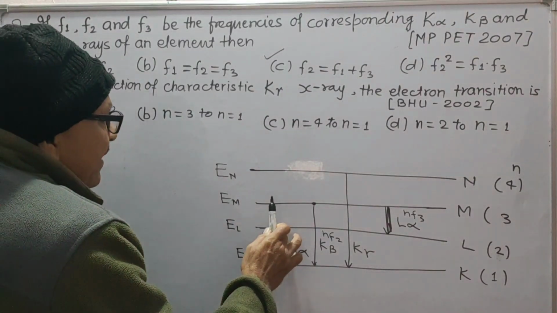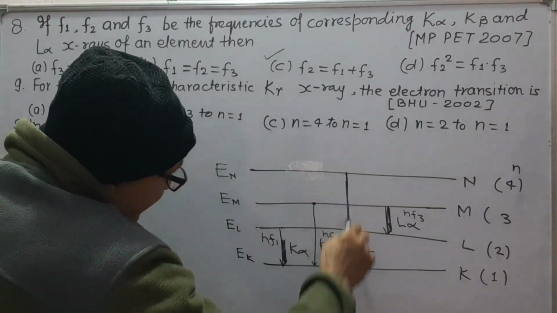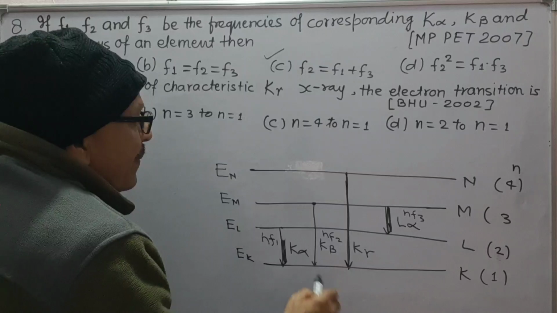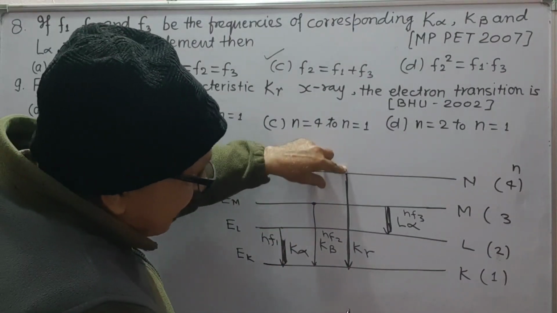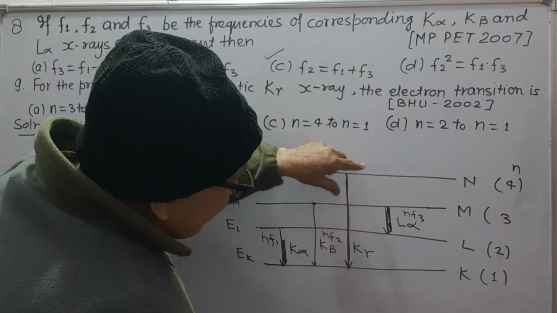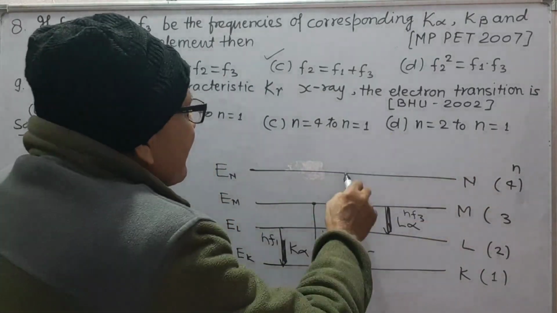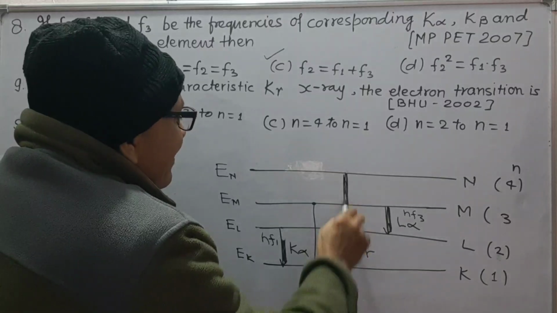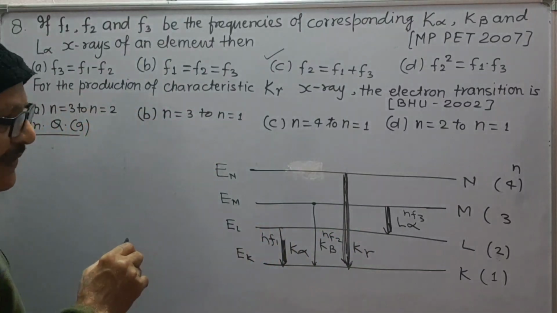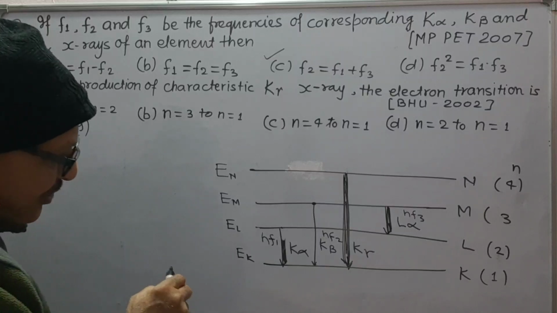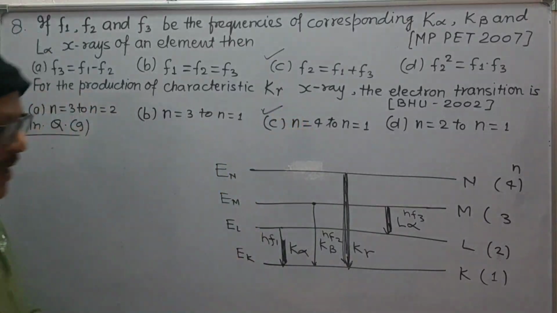In this, this is K gamma spectral line, which is due to the transition between n is equal to 4 to n is equal to 1. So the K gamma is due to the transition from n is equal to 4 to n is equal to 1. So the correct option will be C.